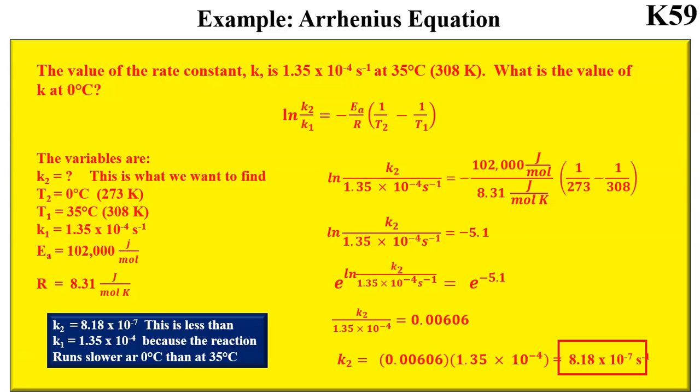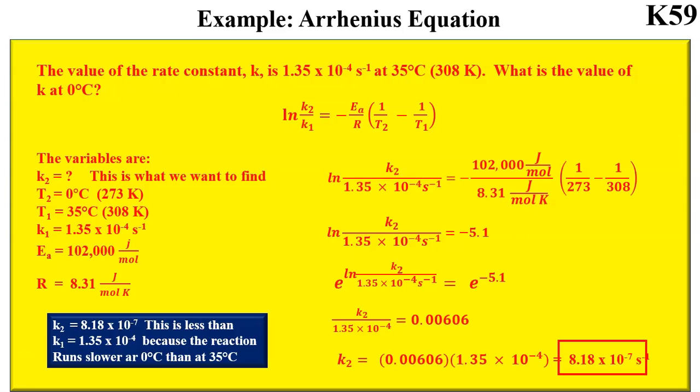So we plug in all of those numbers on the left that were just given to us on the preceding slide, and you have natural log of K2, that's our unknown, over K1, we stated that was 1.35 times 10 to the negative fourth, equals negative activation energy, that's 102,000 joules per mole, over the gas constant, 8.31 joules per mole Kelvin.